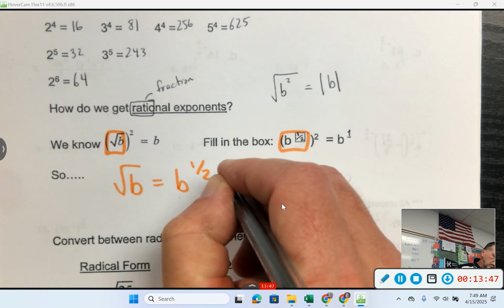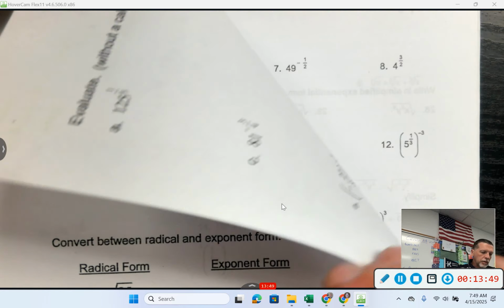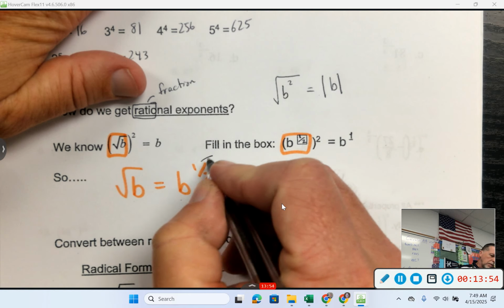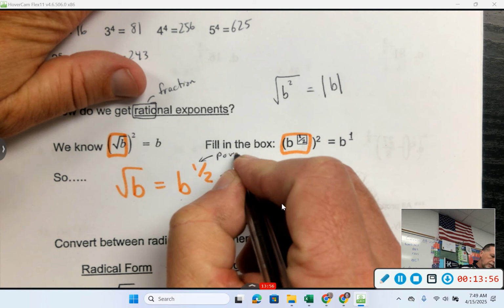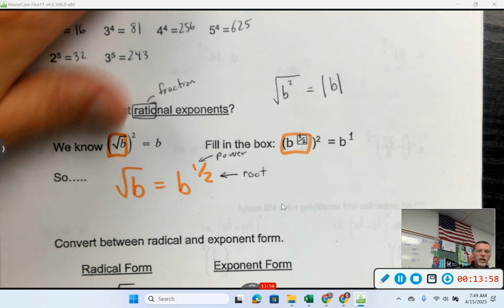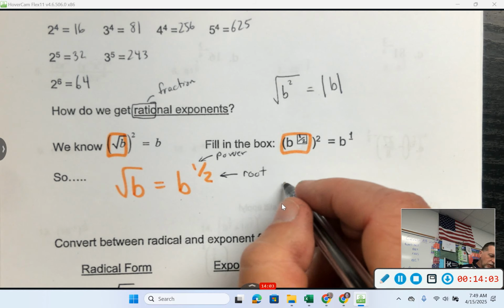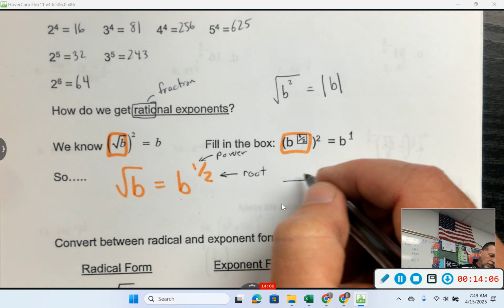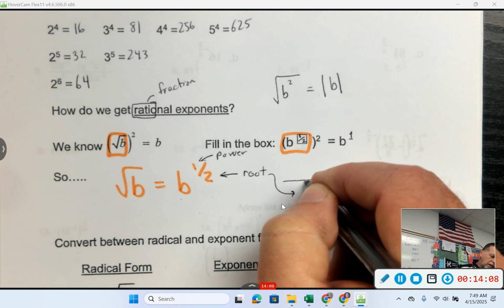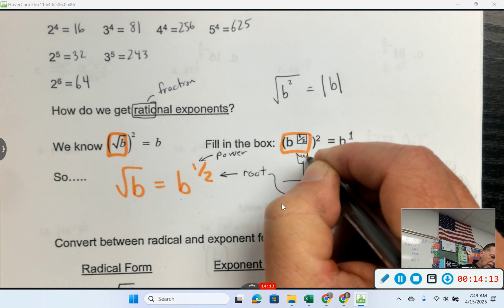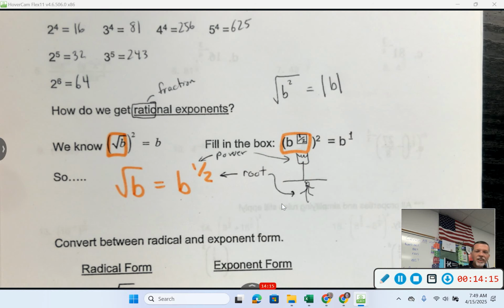That bottom number, I think we get this later, but we'll go ahead and say it now. The bottom number is the root. The top number is the power. A math teacher that used to teach here a few years ago, I don't know if this was original or not, but he would say, the root grows underneath, and the flower power grows up top.